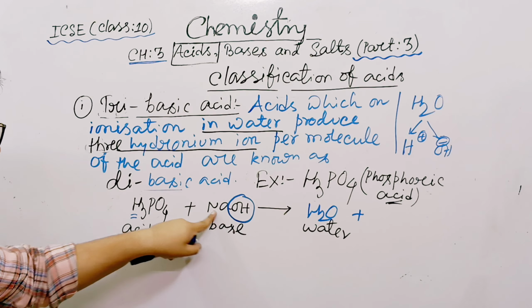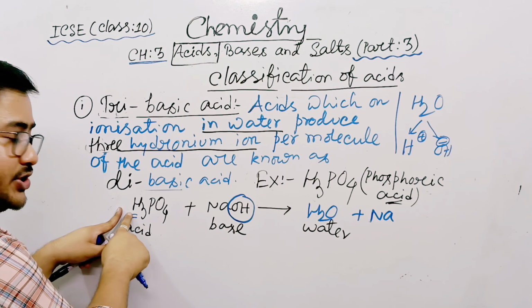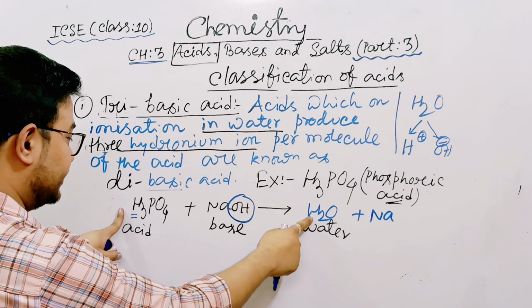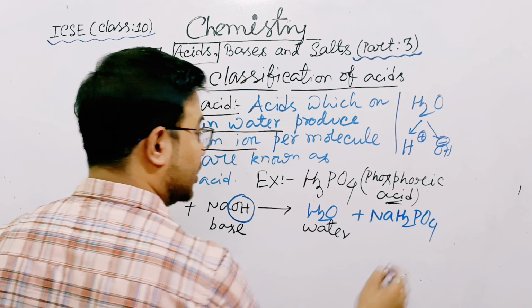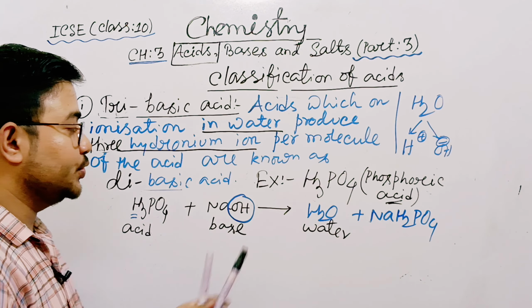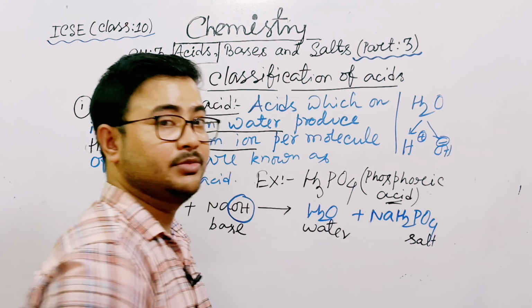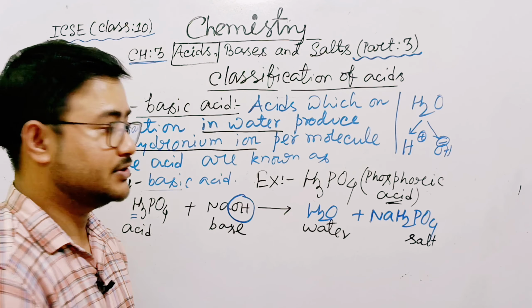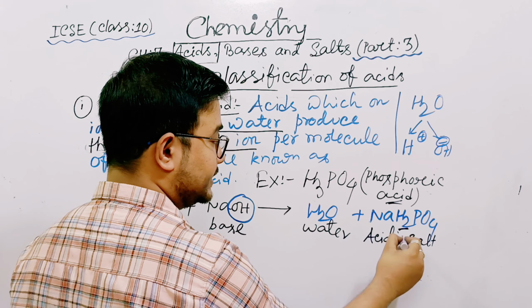Here Na, so write here Na, and how many H are left? 2, because we already took 1, so H2PO4. Okay, can you tell me, acid plus base produce water and salt. Now tell me, is it normal salt or acidic salt? See, H is there, so it is also acidic salt.